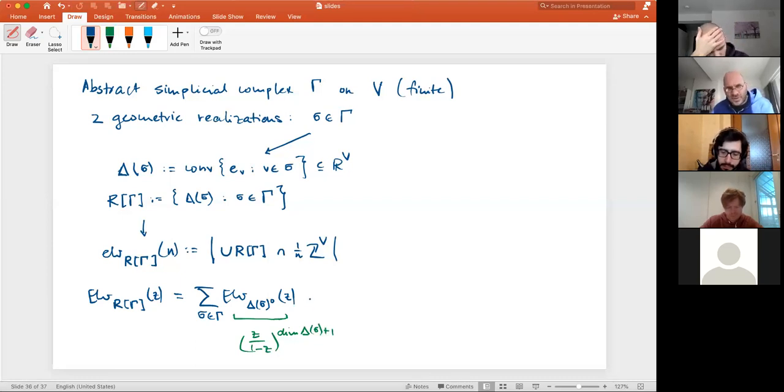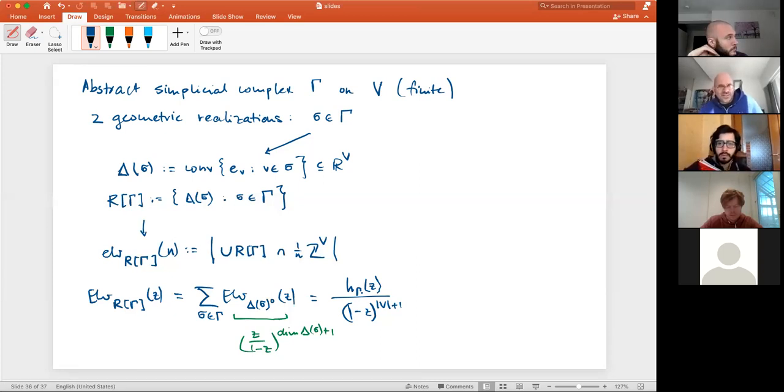If you write this in the right dimension, so I guess this is v plus 1, then up here you get exactly the h polynomial of the complex. You've seen this calculation with unimodular triangulations. The reason I wanted to show you this is that you can model abstract simplicial complexes like this.